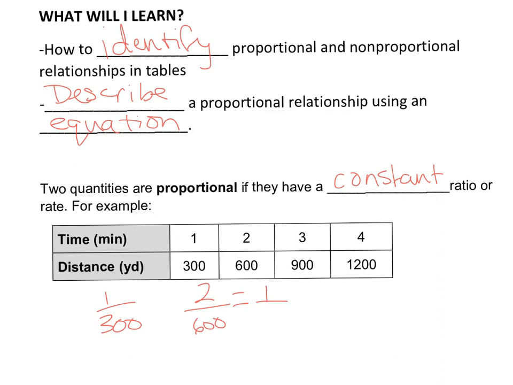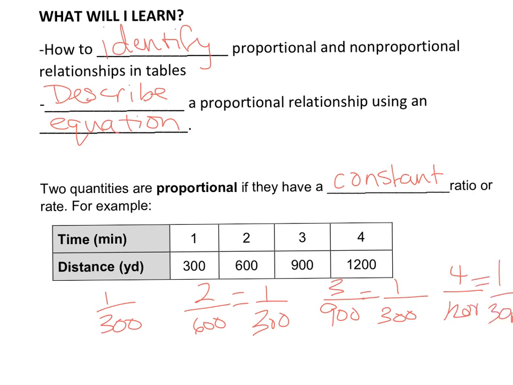When I divide by 2, I get 1 over 300, and then 3 over 900 also reduces to 1 over 300. And finally, I have 4 over 1200, and that reduces to 1 over 300. So yes, it is consistent, so this is proportional.